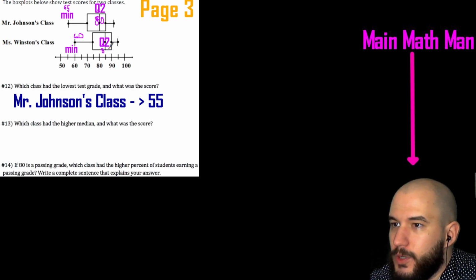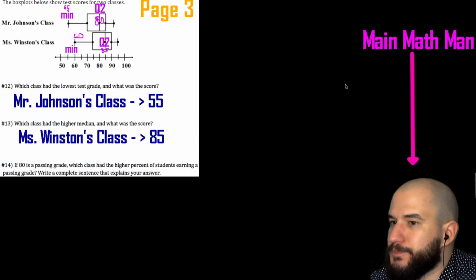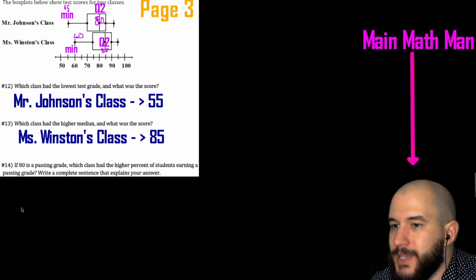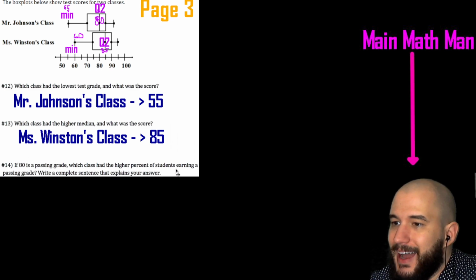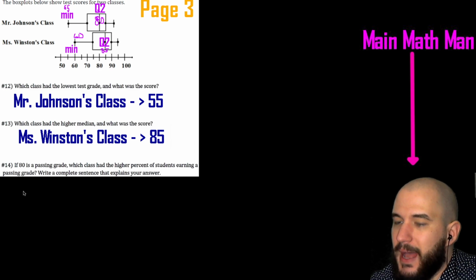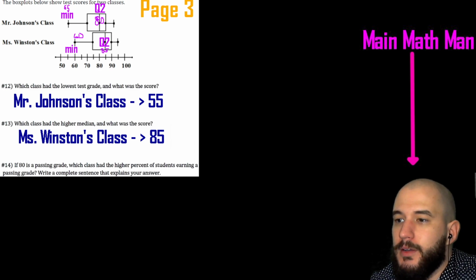We're looking for which one is higher. Very obviously, it is Miss Winston's class. Now it says, if a test score of 80 is a passing grade, which class had the higher percent of students earning a passing grade? Write a complete sentence that explains your answer.